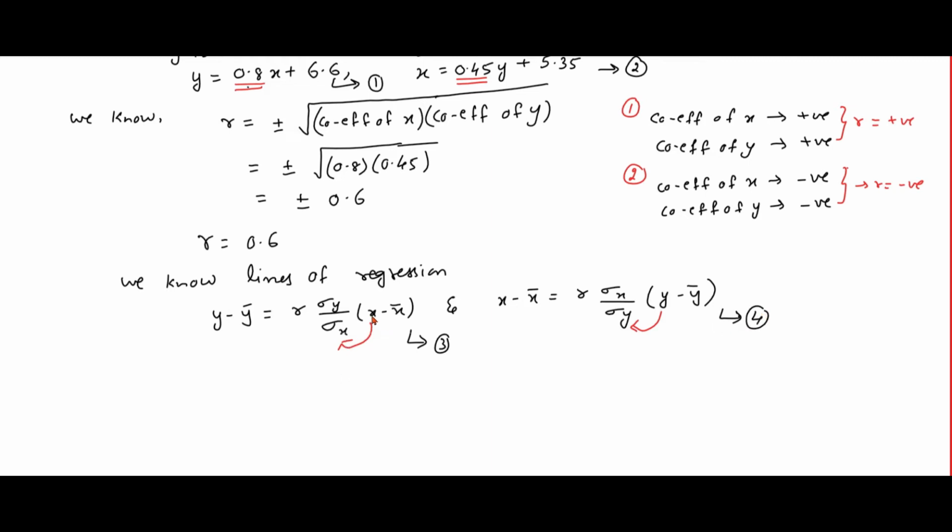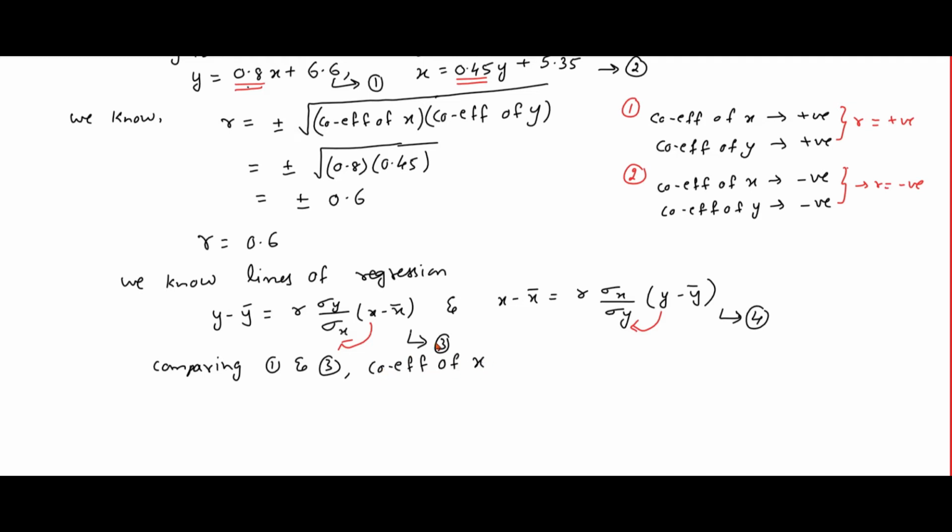Now if you compare the coefficient of x in equation 3 and the coefficient of x in equation number 1, we can write down the values here, comparing 1 and 3. Comparing 1 and 3, we have the coefficient of x as coefficient of x.